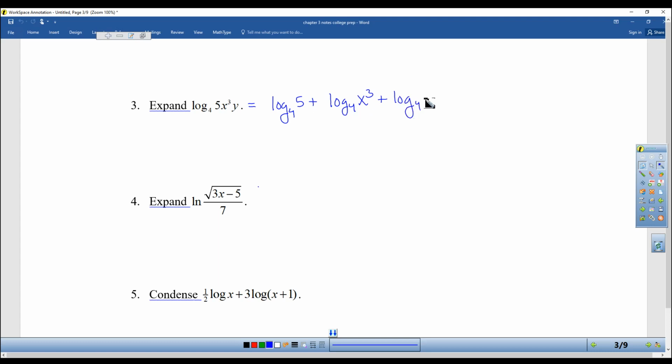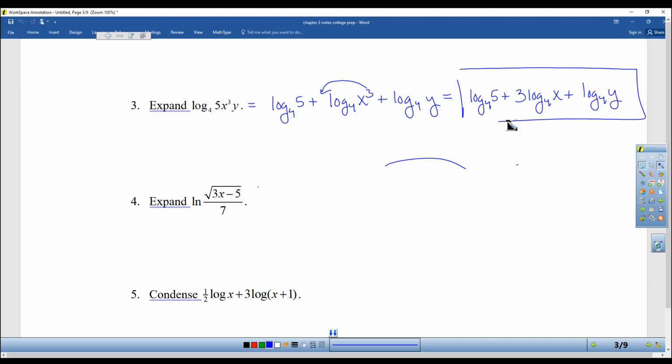Don't forget to write the base 4 each time. It's an easy thing to forget. And it's not considered completely done until there's no exponents either. So this is going to be log base 4 of 5 plus 3, that's going to come down in the front, log base 4 of x plus log base 4 of y. That's called expanding.